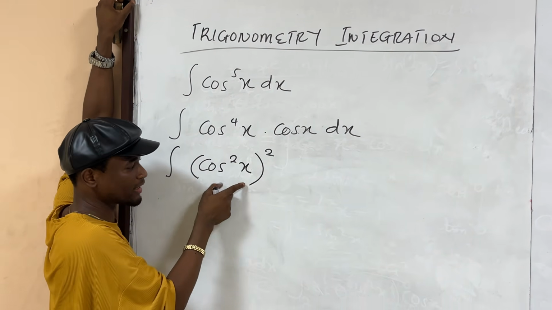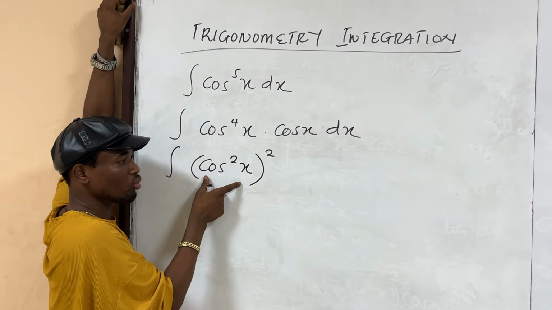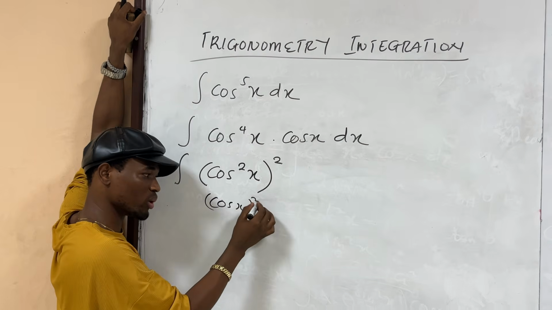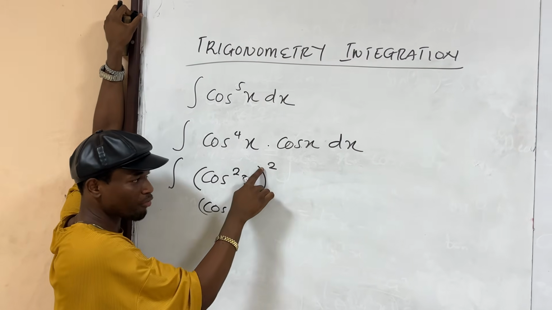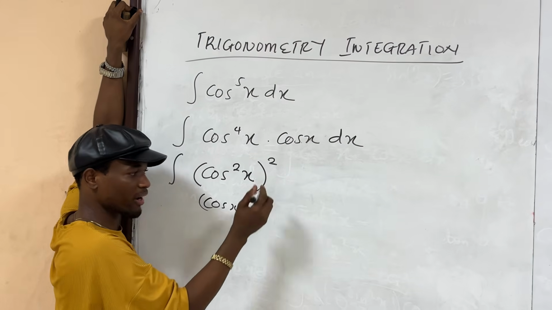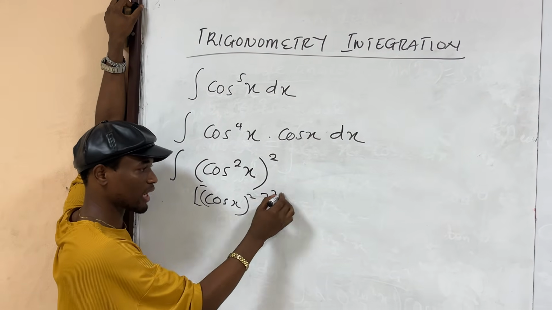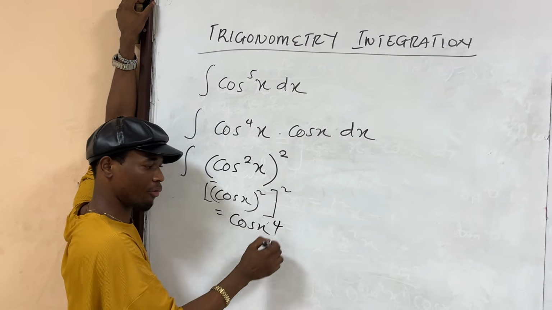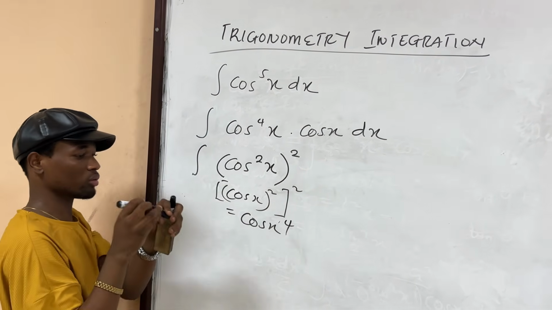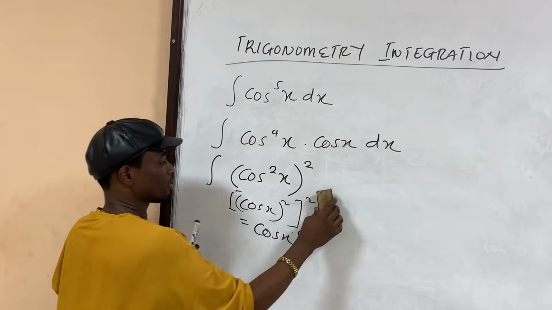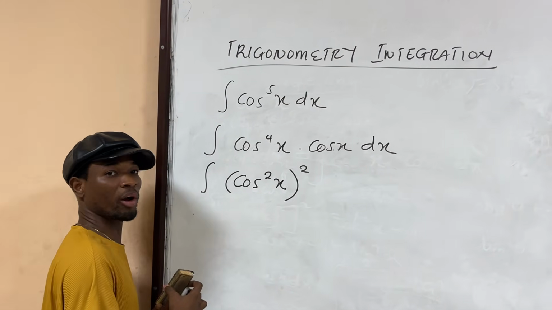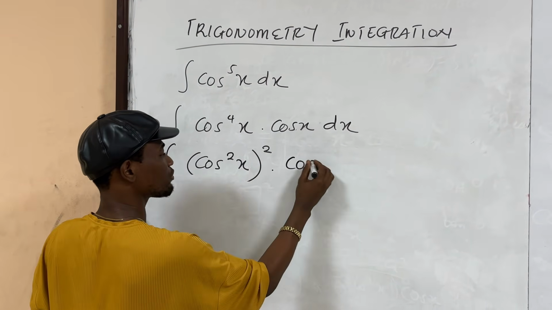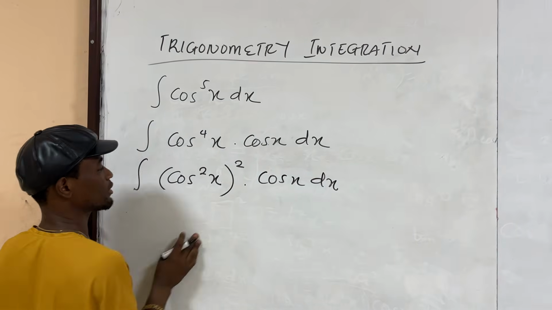So cos squared x here means you are squaring cos x, and you have another squared here, so all squared, that's the 2 here. So I have cos to the power 4x, 2 times 2 is 4. That is the importance of employing the power reducing formulas. Then times cos x, then dx.